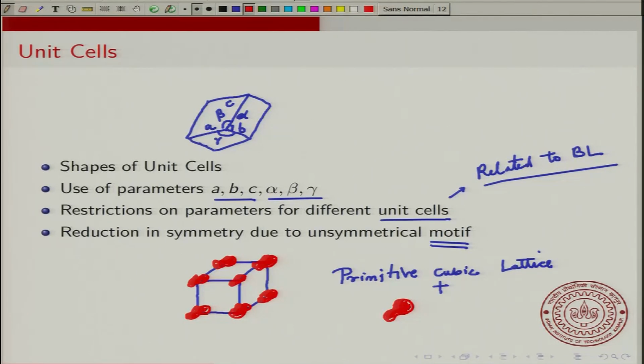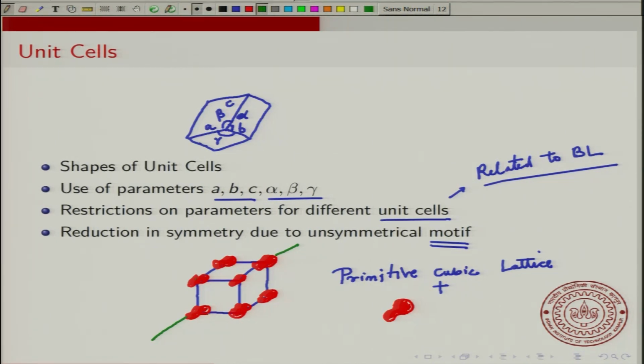Unsymmetrical motif. Now you can see that this threefold axis is not there. Because of this unsymmetrical motif, if you rotate it by 120 degrees, you can clearly see that these two will not go on top of each other.